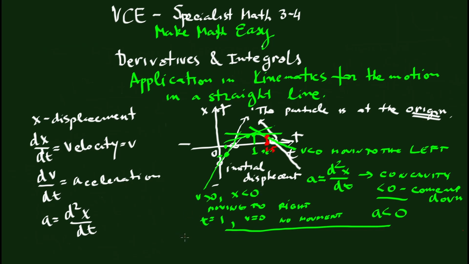At t equals 1.5, we have that the displacement is greater than 0, the velocity is less than 0, and the acceleration is less than 0.